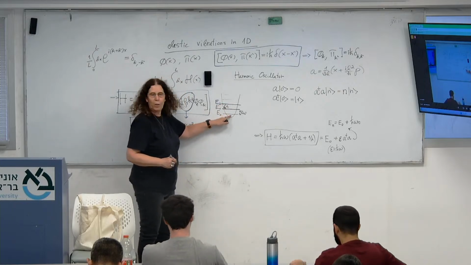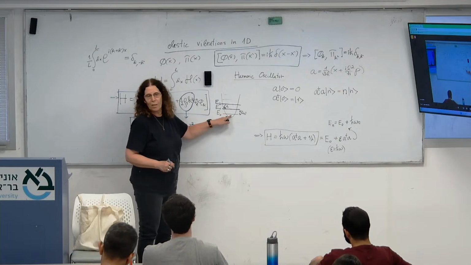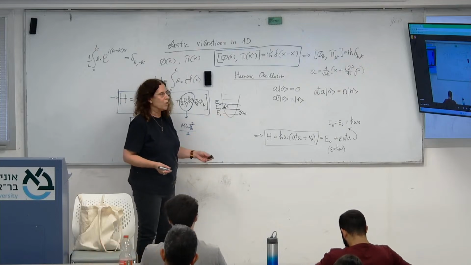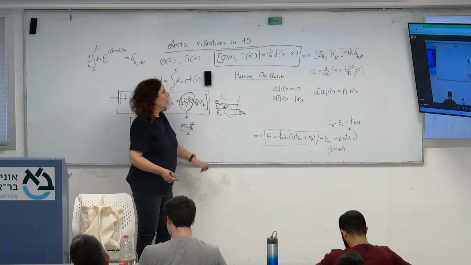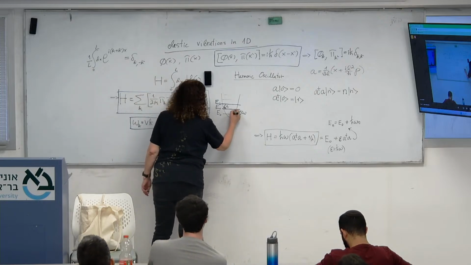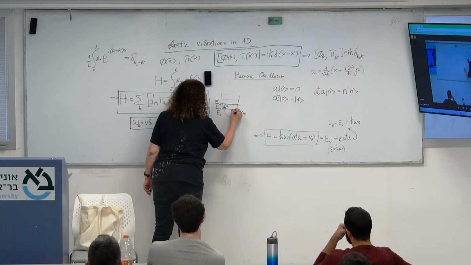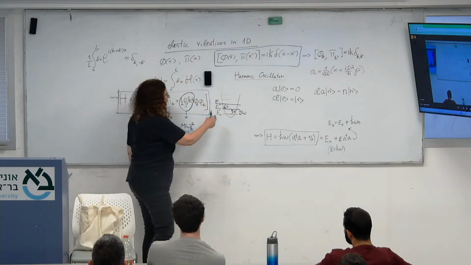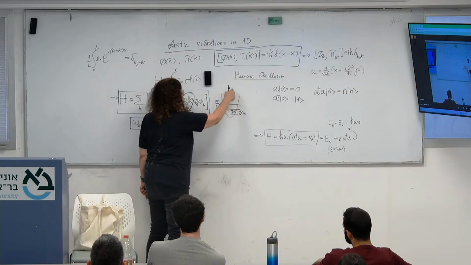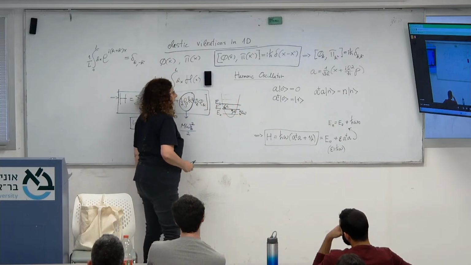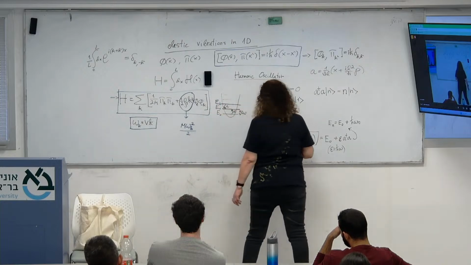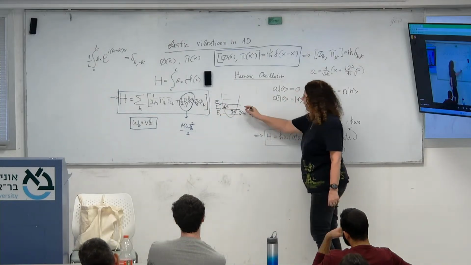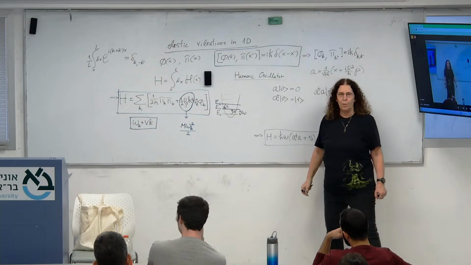And if you apply it on the vacuum, what happens? You just get 0 because there's nowhere to go. Whereas A dagger is a raising operator, and you can apply A dagger again and again, and each time you're adding the same quanta of energy.